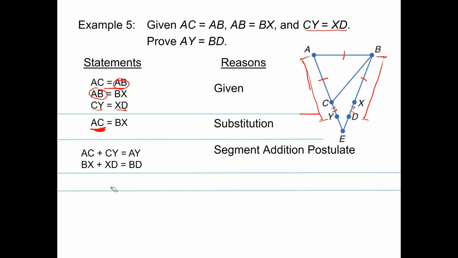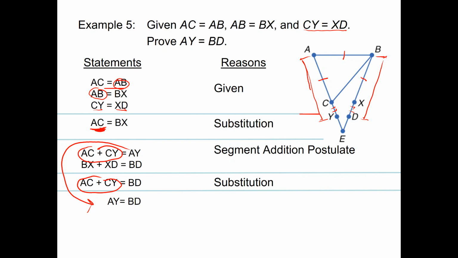You're going to see I've got AC plus CY equals BD. That's a simple substitution step. And now, since I have AC plus CY here and here, I'm going to bring that AY and put it right there. So I've got AY is equal to BD, which is exactly what I was looking for. That's my substitution step. And, well, I'm done. So I've got my QED right there.